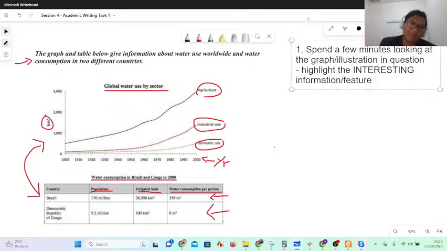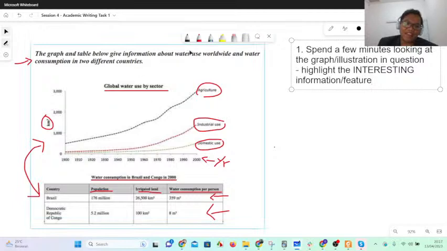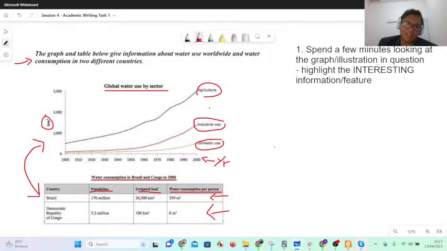So for example, we can clearly see, one of the biggest things that we can see is that agriculture, look at that, that's the highest in cubic kilometers, right? Agriculture is the highest, second is industrial use, and the smallest is domestic use.